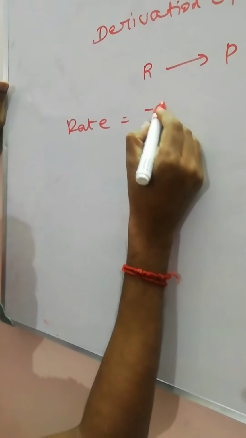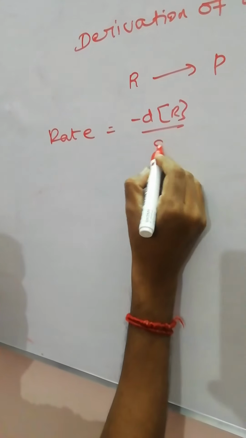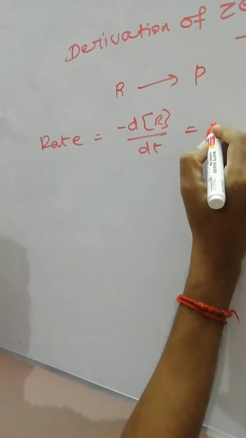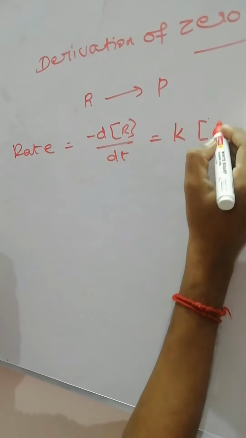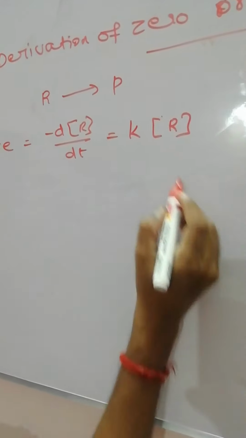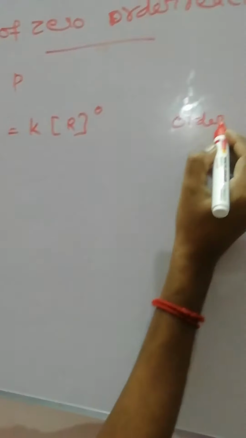Rate equal to, we know the rate equation, minus dR by dt, which is equal to the rate law. According to the rate law, K into R. We know that the power of R is 0 because the order is 0, so we substitute here.